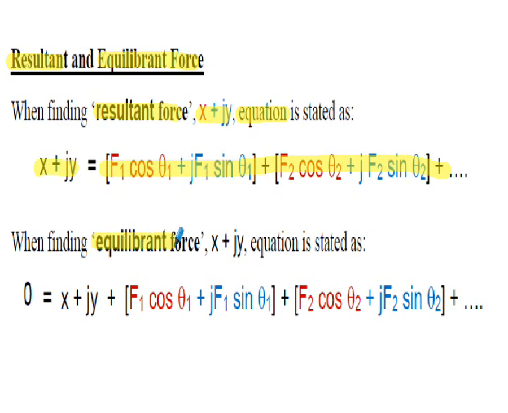When finding the equilibriant force, the equation can be stated as 0 equals x plus jy plus the other forces applied in Cartesian form, because if we include the equilibriant force in our system of forces, then the system is in equilibrium and it should equate to 0. So these are subtly different ways of finding the resultant and equilibriant force, but essentially you can find the resultant force and just reverse its direction to find the equilibriant force. I thought I'd mention that in passing. There are two different ways you can approach the problems depending on what you're asked for in the question.